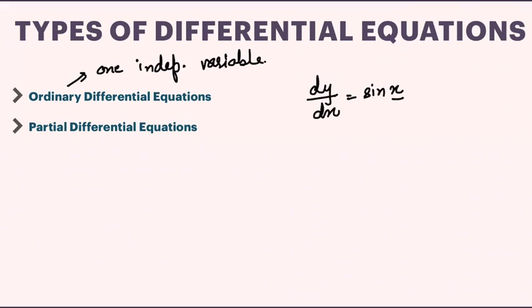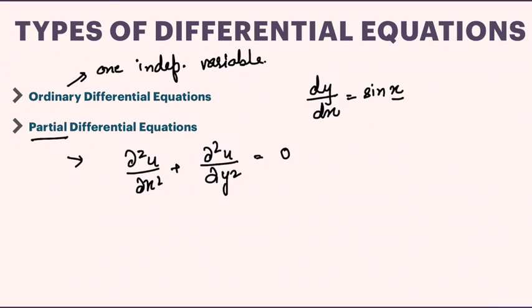It can include higher orders of derivatives also, but only one independent variable. However, in partial differential equations, there can be more than one independent variable. For example, del square u by del x square plus del square u by del y square is equal to 0. Here, u is a function of x and y.